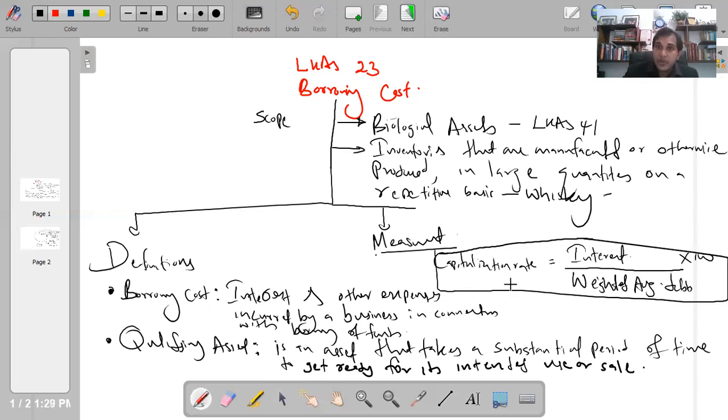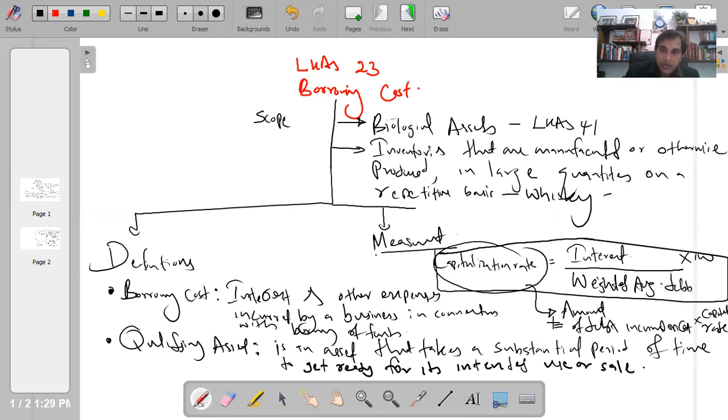Then what you are going to do, this particular rate needs to be applied to the amount of debt incurred on the qualifying asset, into the capitalization rate.